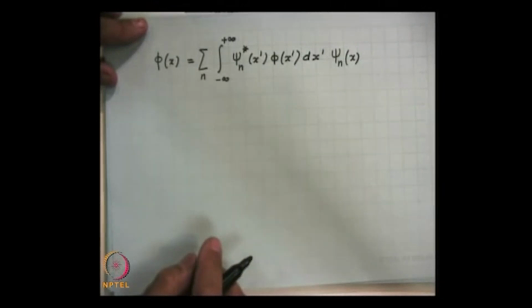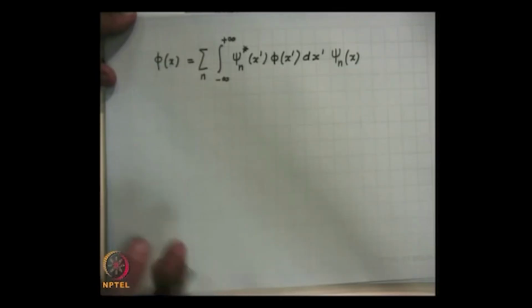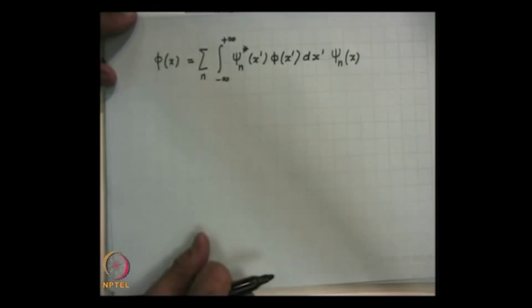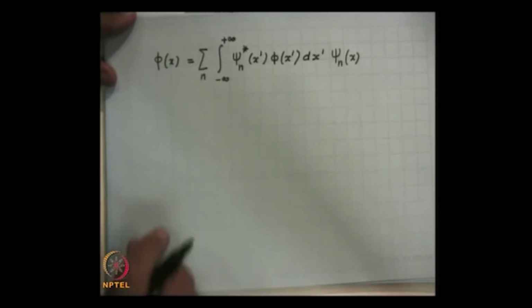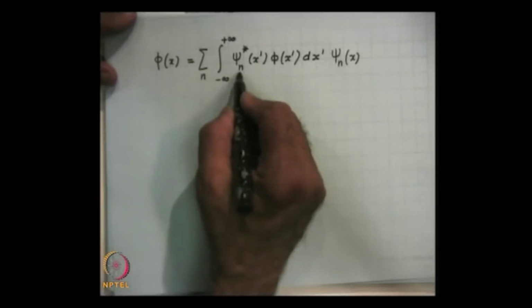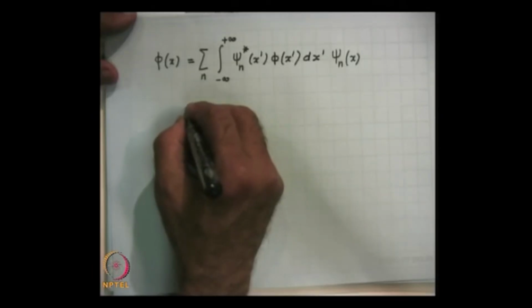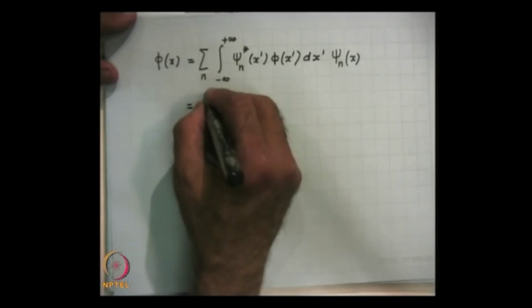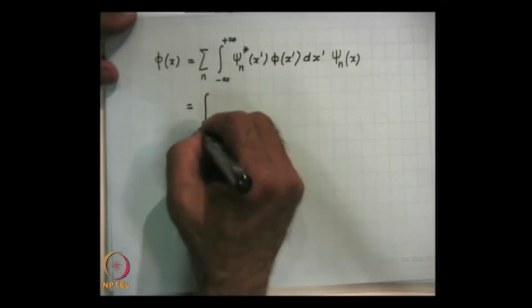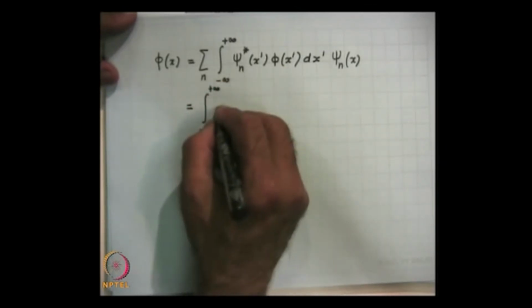What I will do is, I will first carry out the summation and then the integration, so that all these quantities which are dependent on n, I take together. So, I get the integral from minus infinity to plus infinity. Please see this carefully.